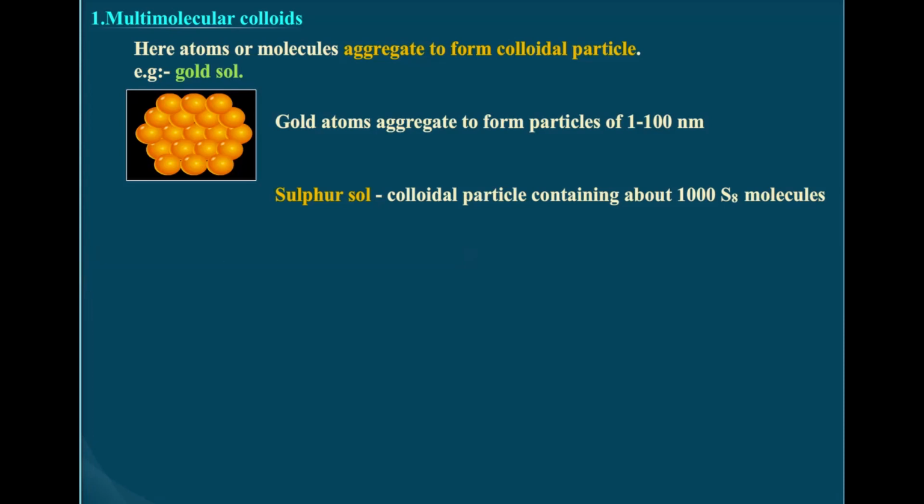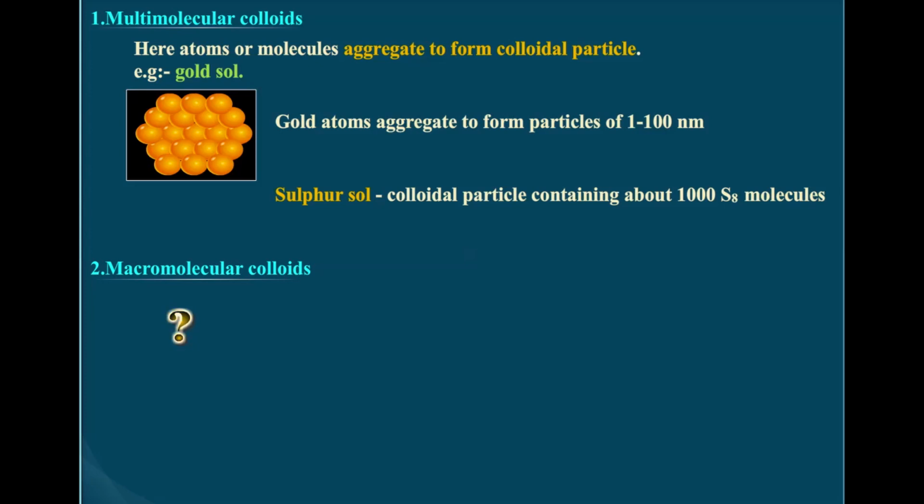The second type is macromolecular colloids. Macromolecules in suitable solvents form solutions in which the size of the macromolecules may be in the colloidal range. That is, already the particles are in the colloidal range. They are bigger particles. Such systems are called macromolecular colloids. These colloids are quite stable and resemble true solutions in many respects.